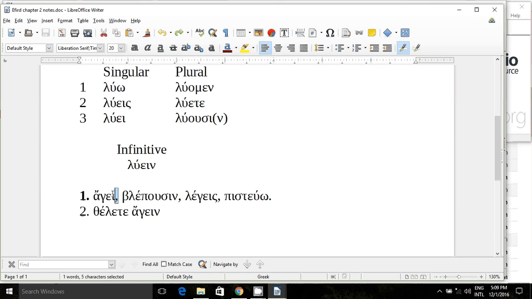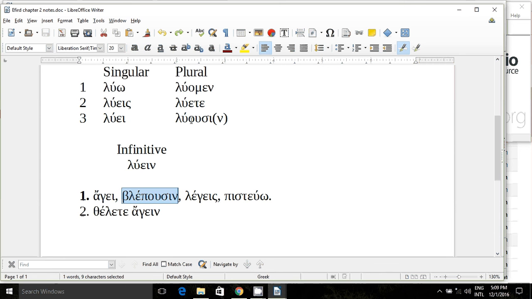So what does age mean? Well, ago, I look at my vocabulary, I see that means lead, I lead, but it's got this third person singular ending. So that's he leads or she leads. What's blepusin?